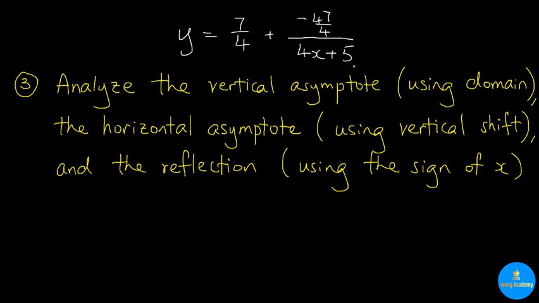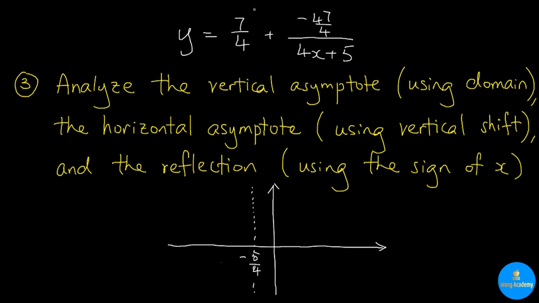Hence, the vertical asymptote of the graph of this rational function should be at x equals negative 5 over 4, so that there is no chance for our input to hit this number. Next, when we look at this rational function again, we can see that this portion gives some vertical stretch, horizontal shrink, and horizontal shift.